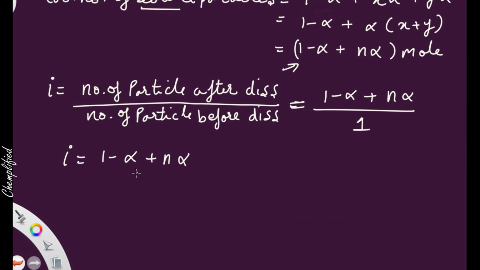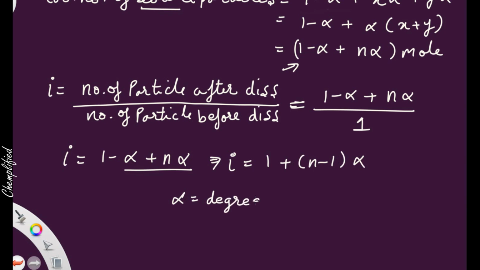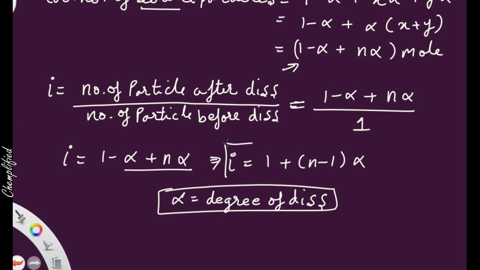Now you can take alpha common. After taking it common, you will get i is equal to 1 plus (n minus 1) alpha, where alpha is the degree of dissociation, and this is your formula to calculate i in case of dissociation, right?